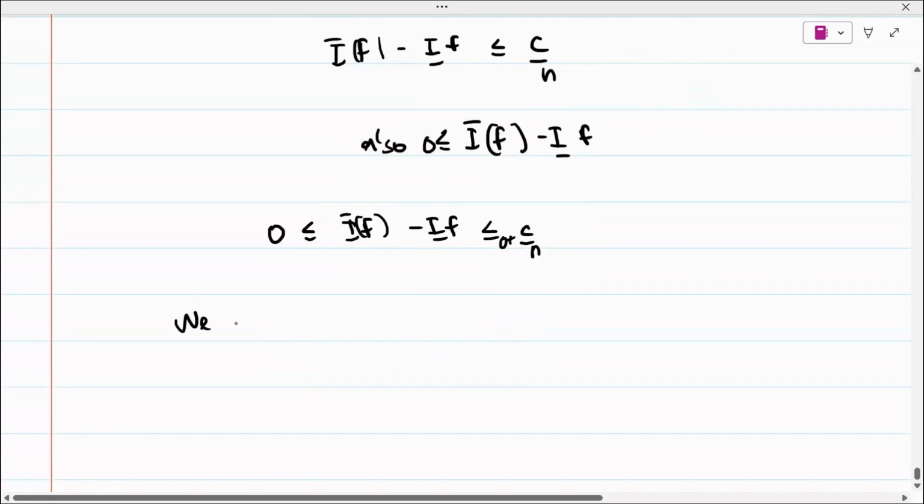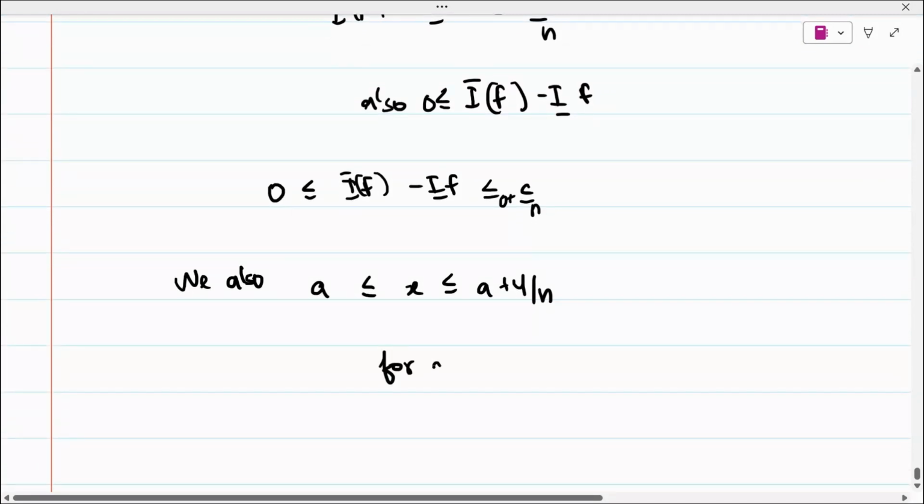We also know that a is less than or equal to x, less than or equal to a plus c by n, for all n greater than or equal to one, integers.